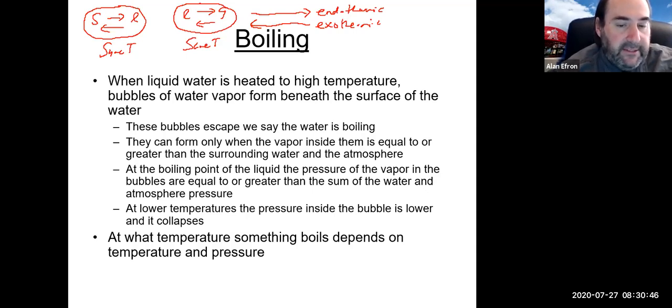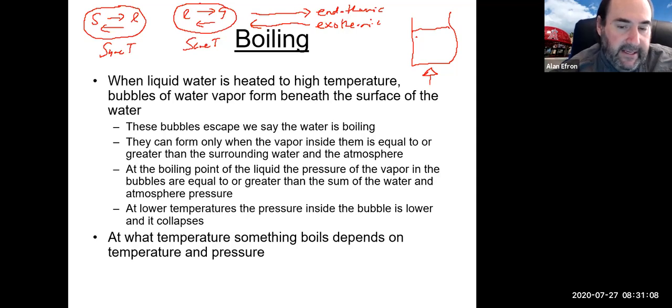So when liquid water is heated to a high temperature, bubbles of water vapor form beneath the surface. If you ever took a beaker of water, or even like that example, boiling some water for, say, making pasta, you see a couple of things occur as you're heating it, right?